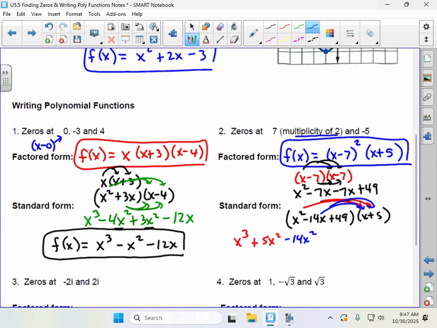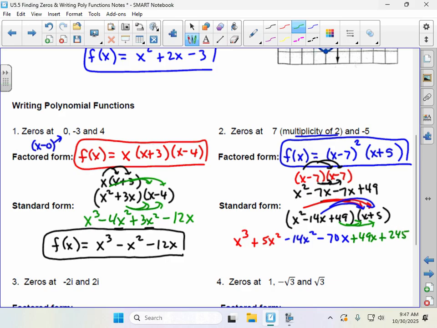Let's see, what is that? 14 times 5, I think that's 70. So that's negative 70x. Okay, and we'll take the 49. 49 times x is 49x plus 49 times 5, 245.